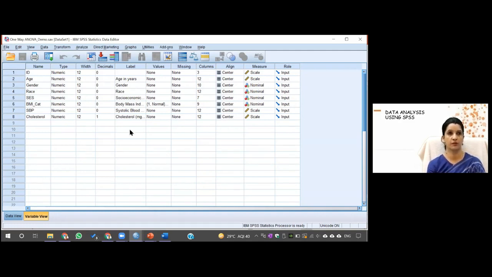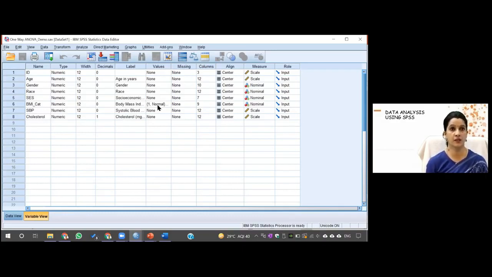And this is again the same thing which we did. Type of variable is numeric, because not a single variable is a string. The width tells you the width of the string variable, which we have not used. Decimals tells you the decimal places of the numeric variable. This label is the full form of your variable which you have written.